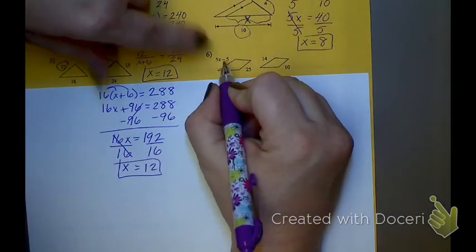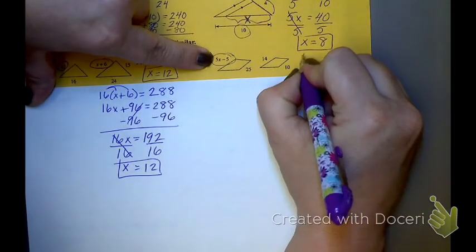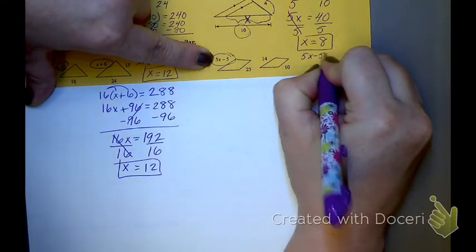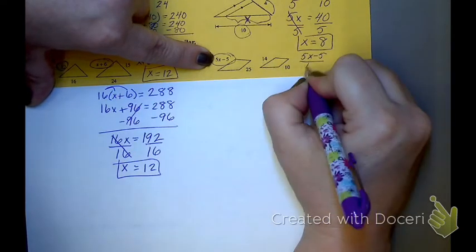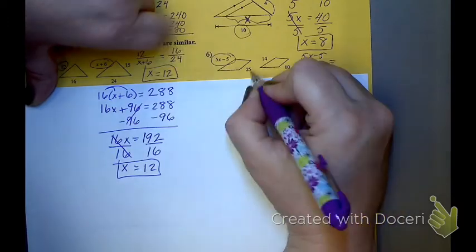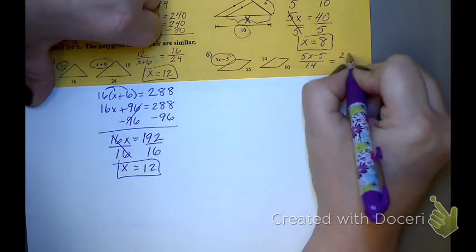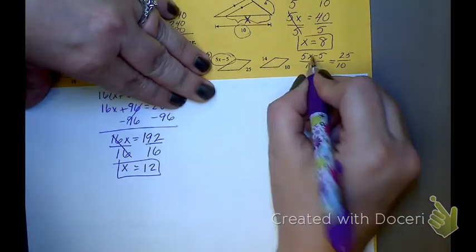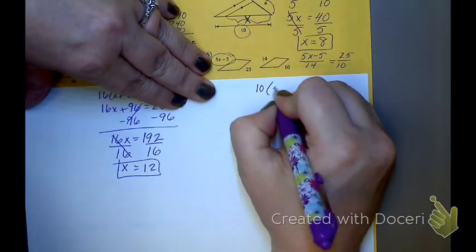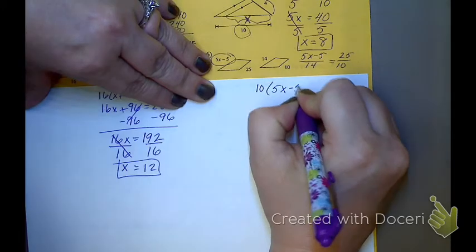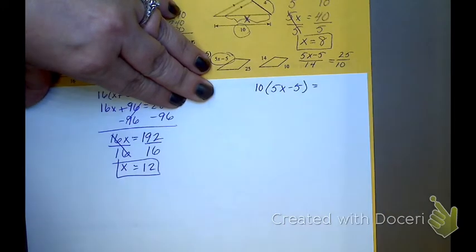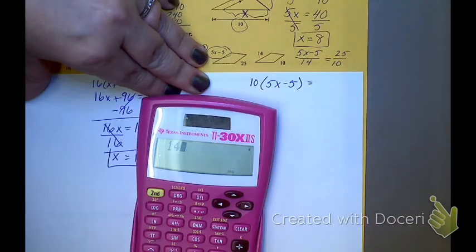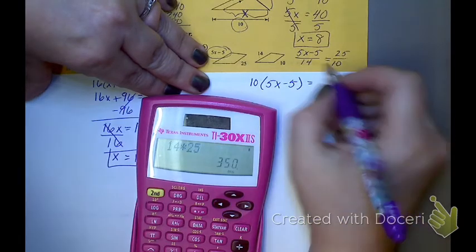I can set up a fraction. I can put 5x minus 5 over its corresponding side, which would be 14. Set it equal to 25 over 10. And do my cross multiplying. So I have 10 times 5x minus 5 equals whatever 14 times 25 is, 350.